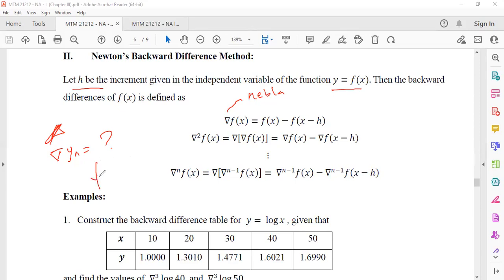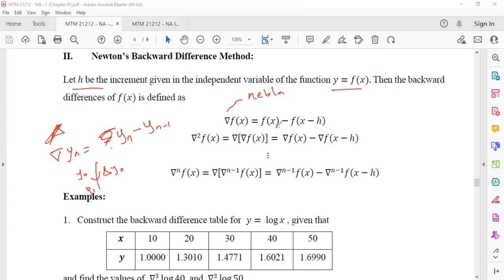So in the forward, we have taken delta y_0 to y_1. Then here we have to take y_0, isn't it? So one term minus the same term. So nabla y_n is equal to the same y_n minus the earlier one. Okay. So in that sense, they have defined this one also.